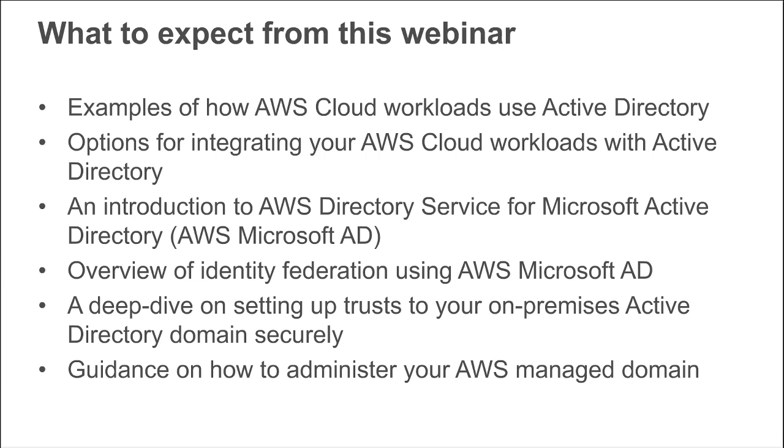We'll see how AWS Directory Service can help you build and use managed environments for your Active Directory practices. We'll see some overview of identity federation, a deeper dive on setting trusts, which is one of the key elements and most strong priorities for building a secure environment on top of AWS. And then we'll have some guidance on how to manage your AWS managed domain.